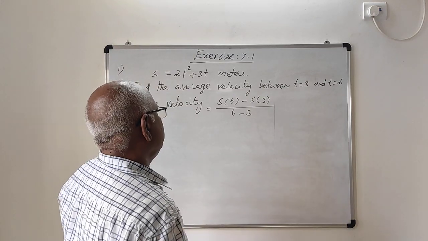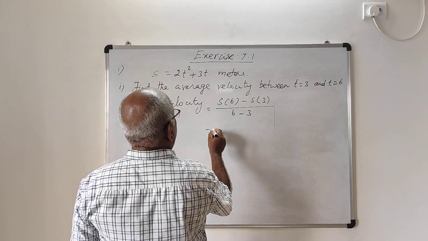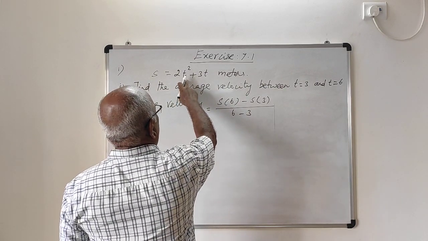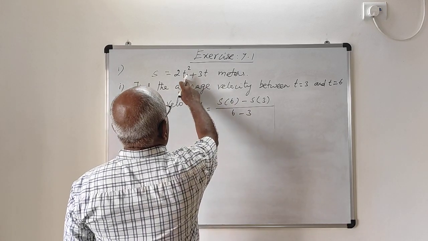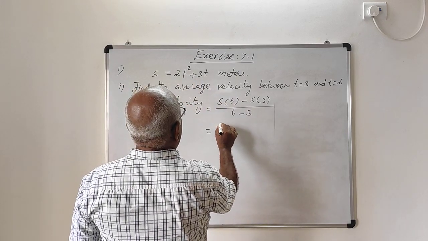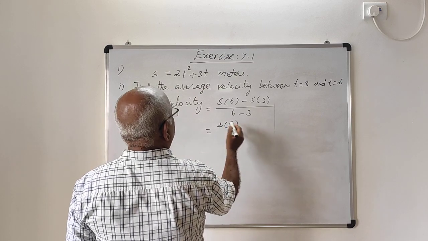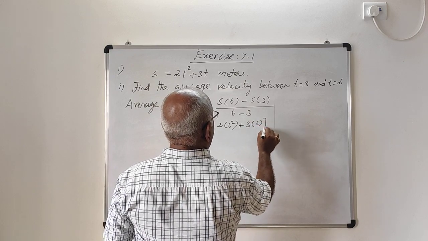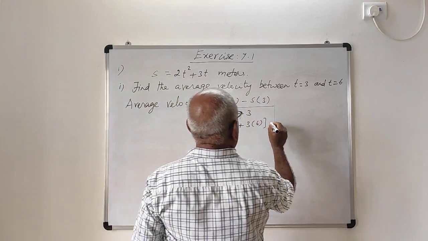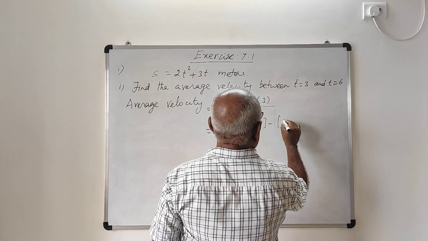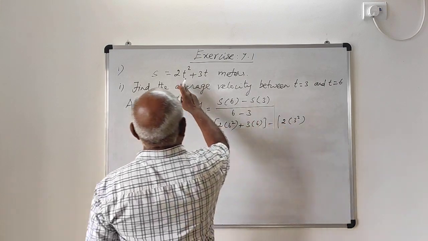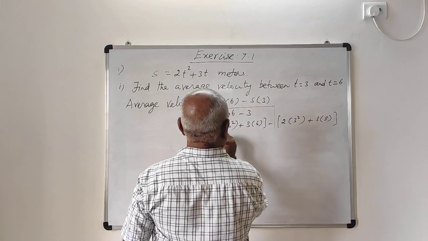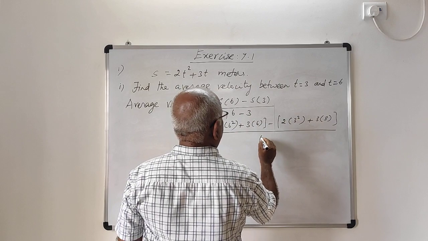Newton's quotient: that is equal to (S6 − S3)/(6 − 3). Substituting t = 6 into S = 2t² + 3t gives 2 × 6² + 3 × 6, and at t = 3 it gives 2 × 3² + 3 × 3.